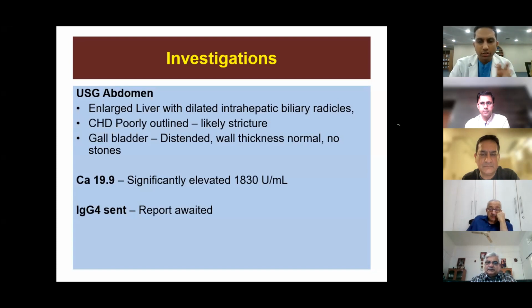Ultrasound is very sensitive for gallbladder tumors, so we can make an initial diagnosis of carcinoma gallbladder on ultrasound itself. If the gallbladder is normal and there is extrahepatic biliary dilatation, intra and extra both, I would go for an MRI with MRCP.